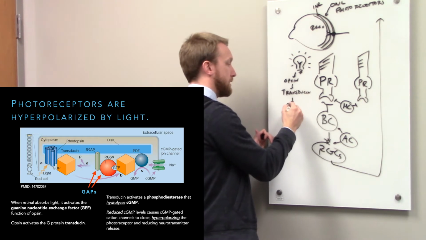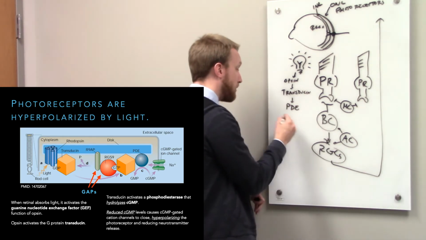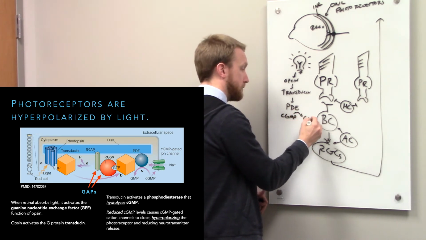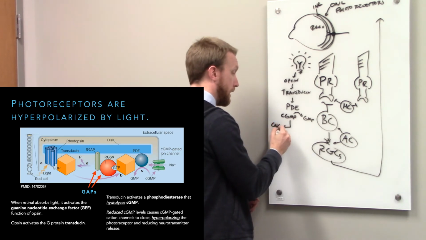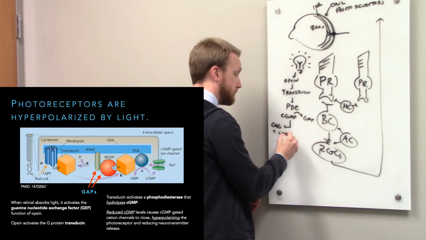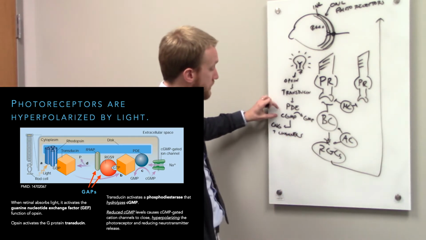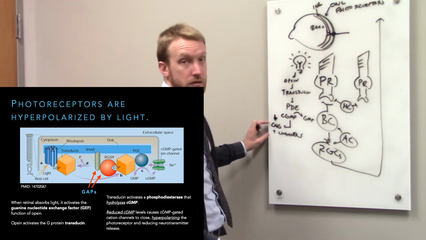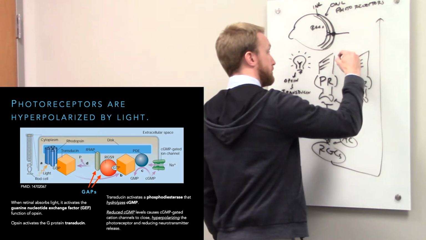Transducin stimulates phosphodiesterases. The phosphodiesterase is going to break down cyclic nucleotides. These cyclic nucleotides, of course, stimulate cyclic nucleotide-gated cation channels. So when light hits, we break down our cyclic nucleotides and we decrease conductance through our cyclic nucleotide-gated cation channels, causing hyperpolarization.